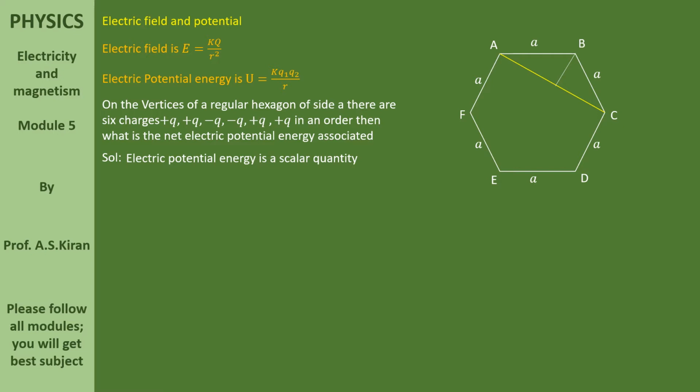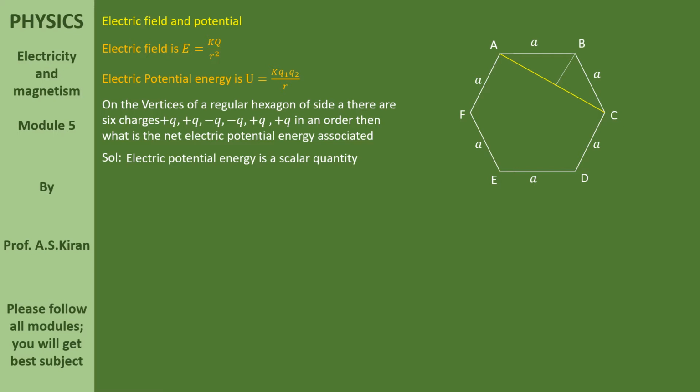See, if you observe that diagram, if you join that line A and C, and if you drop a perpendicular from B, there arise two right angled triangles, where one angle is 60 degrees and the other angle is 30 degrees. So angle at A is 30 degrees in a small triangle.